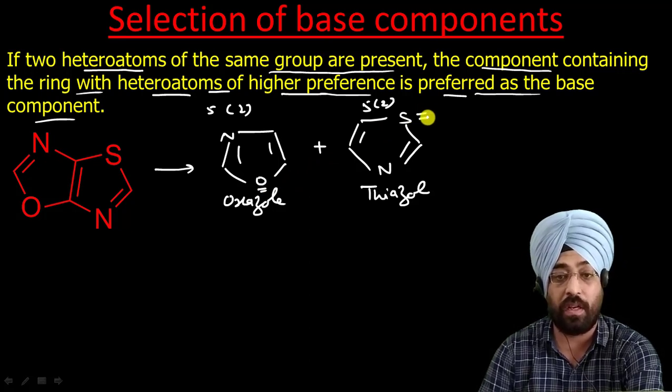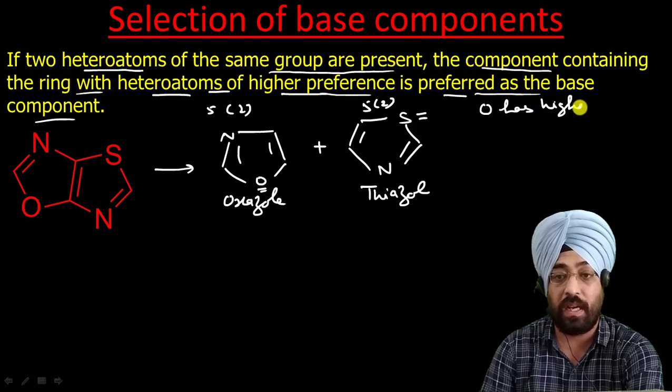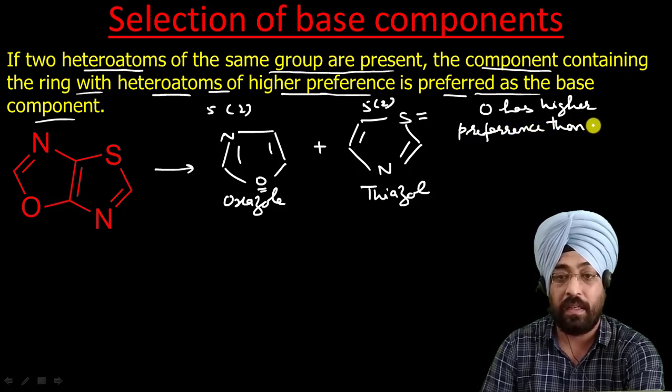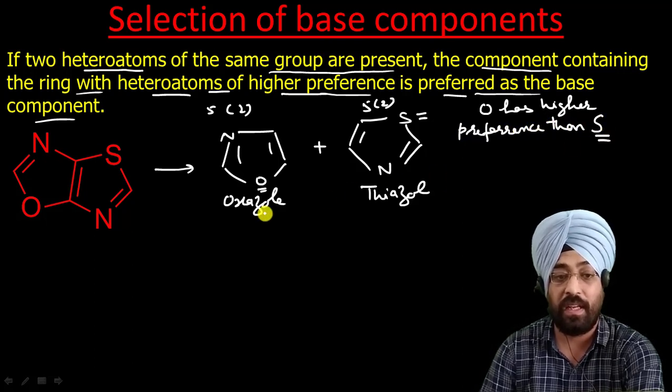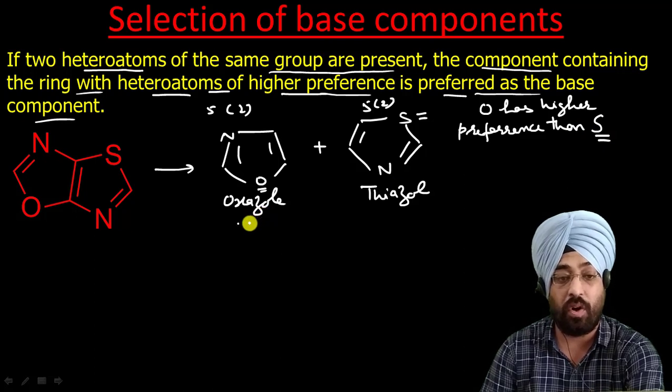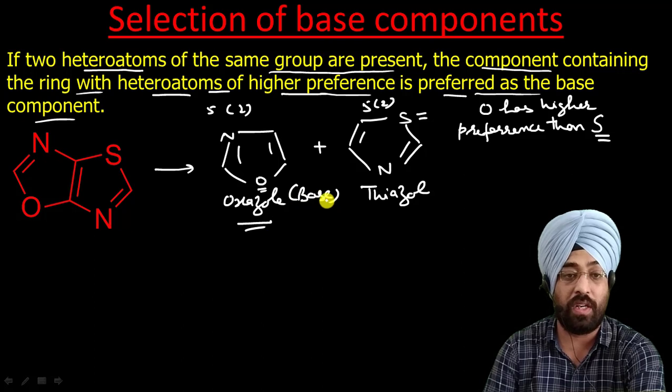According to our previous table, oxygen has higher preference than sulfur. So that's why we choose this oxazole as the base component according to this rule.